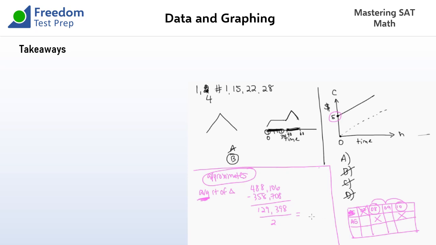Divide it by 2, we get 64,699. Okay, now if you look at the answers, 65,000 is the closest. That best approximates this number. Okay, so your takeaway here is the average rate of change, and remembering average is the key word.